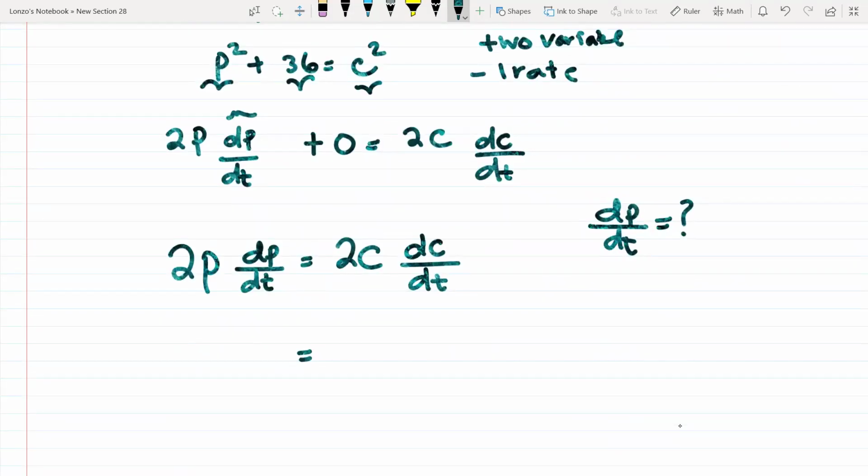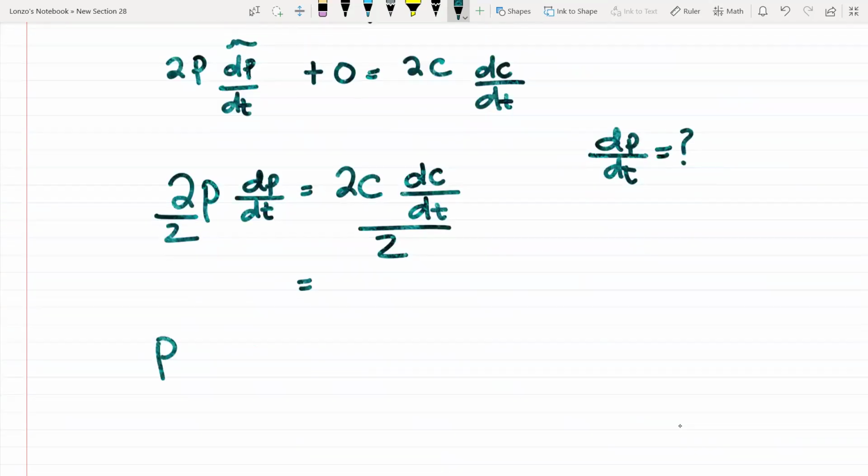No, you know what? I'll just get rid of the 2 first. Let's just get rid of this 2 by dividing both sides by 2. So now I have p dp/dt, and over here, the 2's cancel, so you're left with c dc/dt.